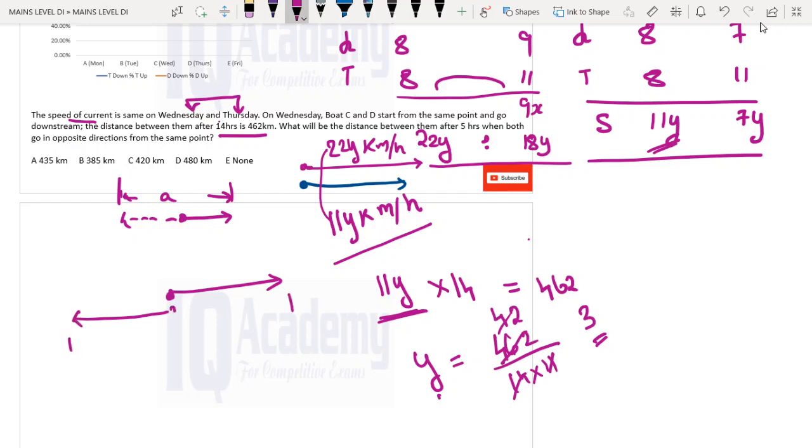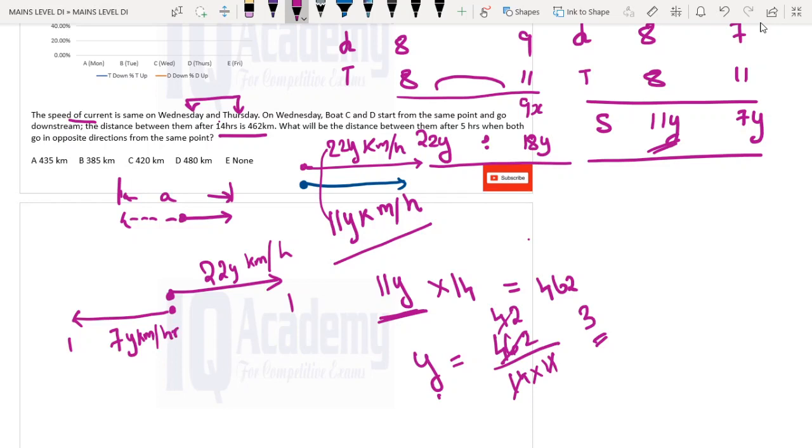Here the problem is we don't know who is traveling in the downstream direction and who in the upstream direction. So take C traveling downstream at a speed of 22y km/h and D going at a speed of 7y km/h.